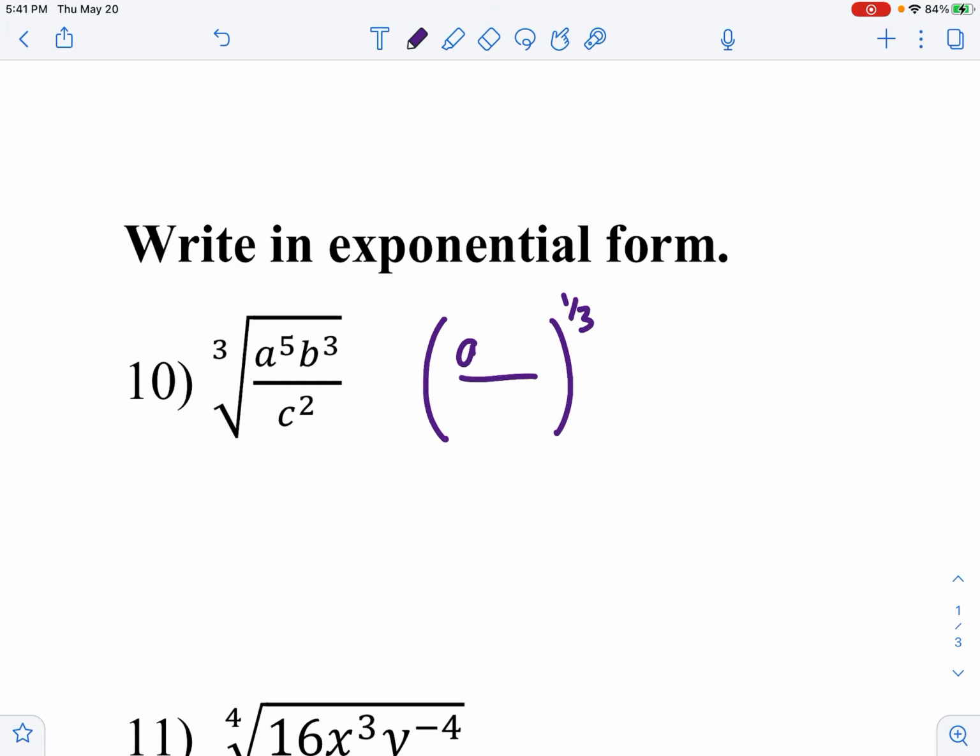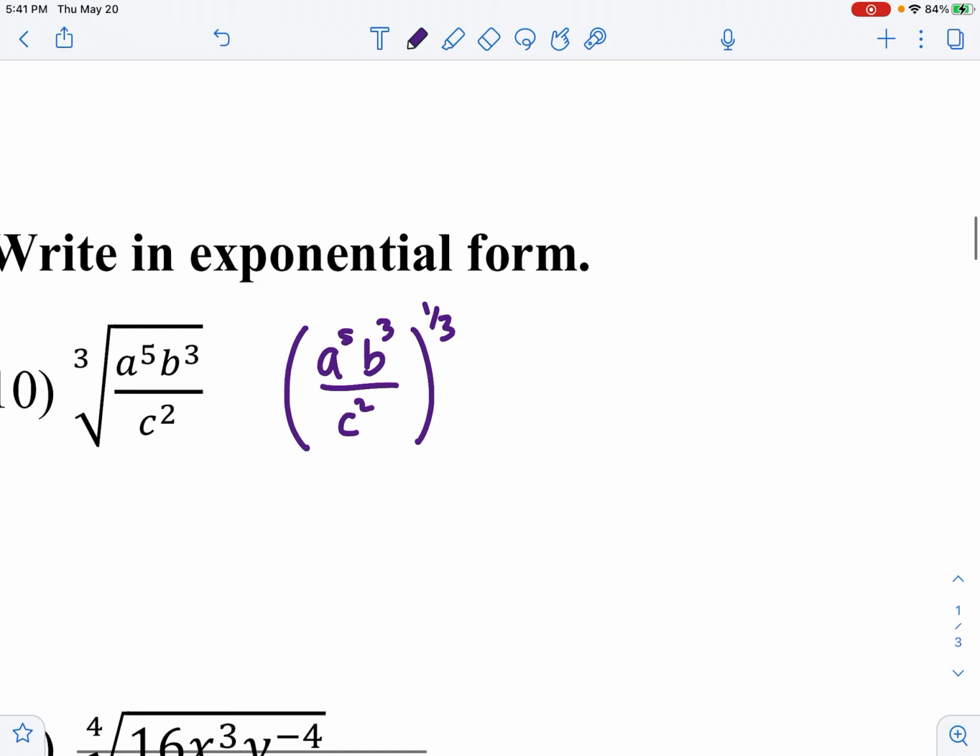Now that I have this to the 1/3 power, what I can do is fake distribute that 1/3. Remember, everything inside is getting raised to the 1/3. 5 times 1/3 is going to give me a to the 5/3. B, 3 times 1/3 just gives me b. That's good. I'm happy with that. C, I have c to the 2/3.